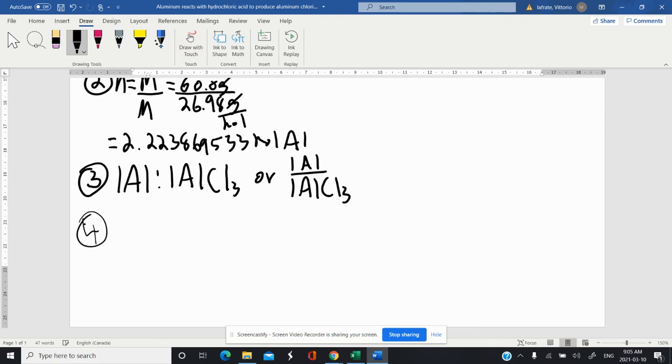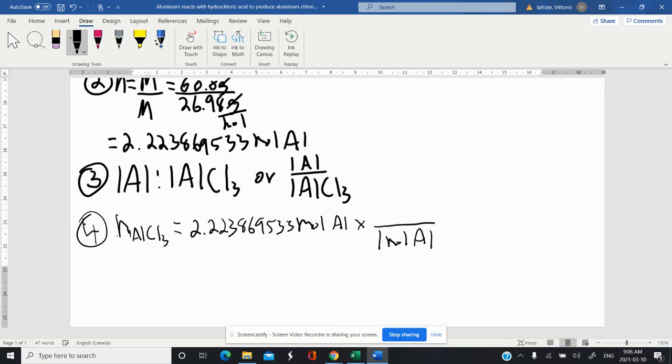Moles of aluminum chloride are going to be equal to the moles of aluminum, so 2.223869533 moles of aluminum times, we want to get rid of the aluminum, so we have 1 mole aluminum on the bottom and 1 mole aluminum chloride at the top there on the numerator.